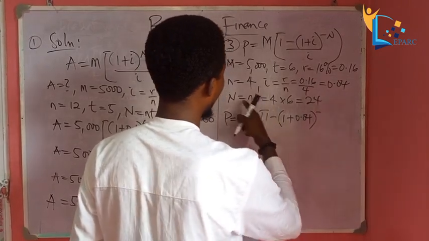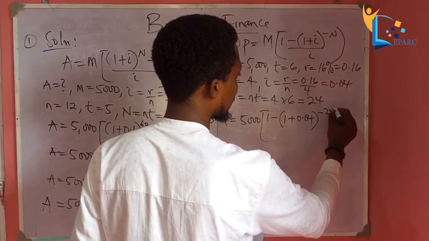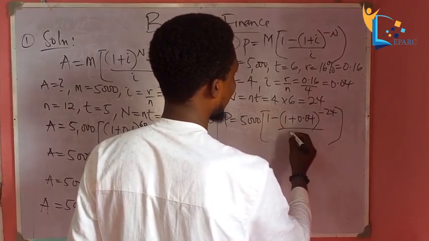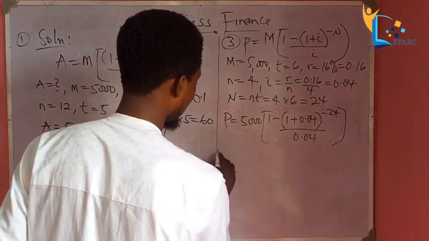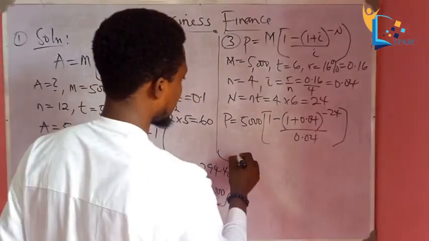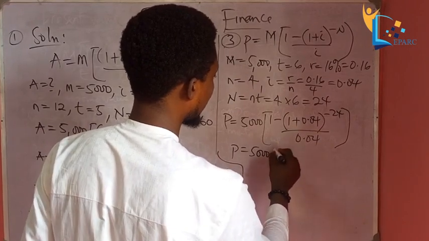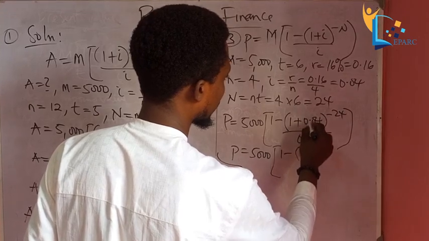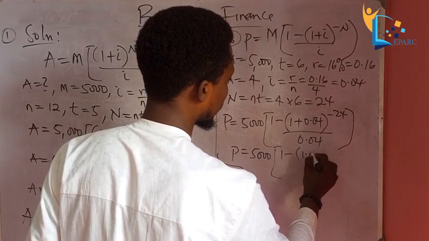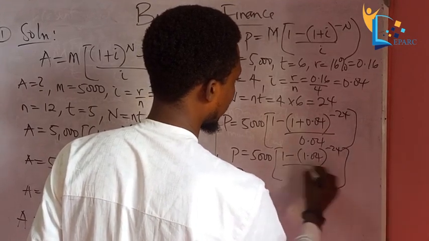Raised to the power of minus N, which is 24, all over I, which is 0.04. So P is equal to 5,000, open brackets, 1 minus 1 plus 0.04 gives us 1.04, raised to power minus 24, close brackets, all over 0.04.